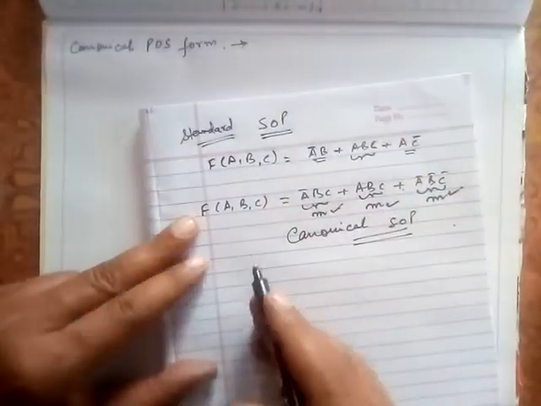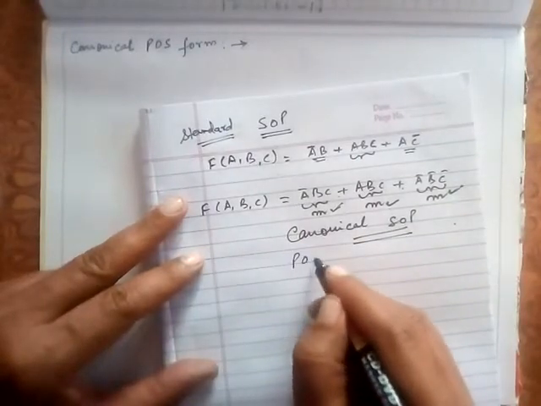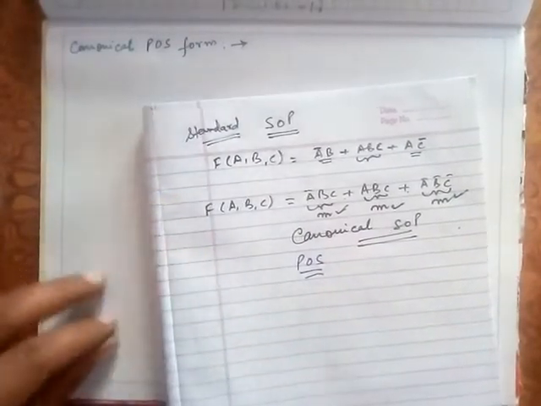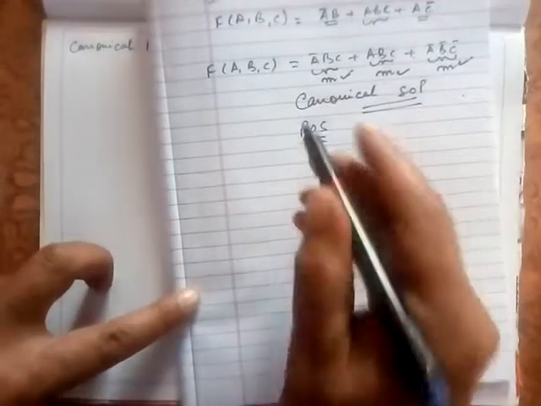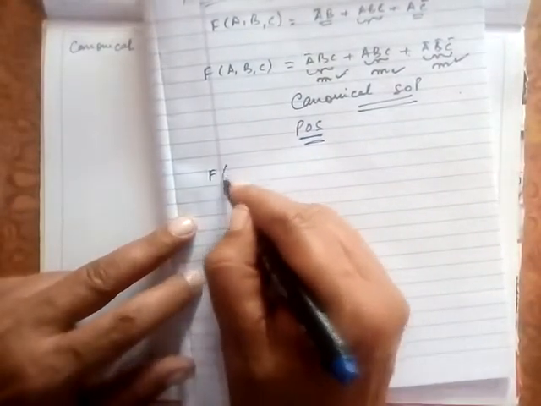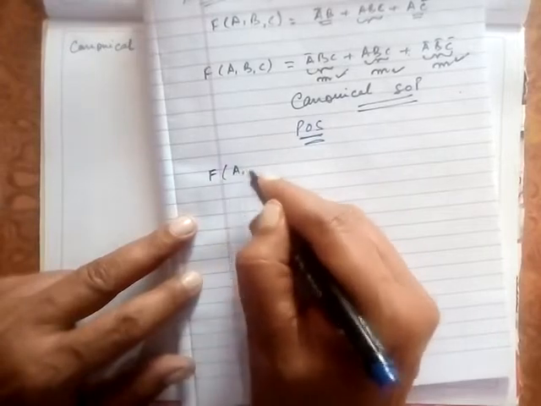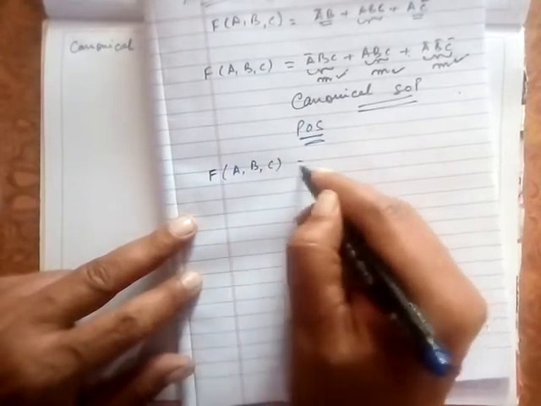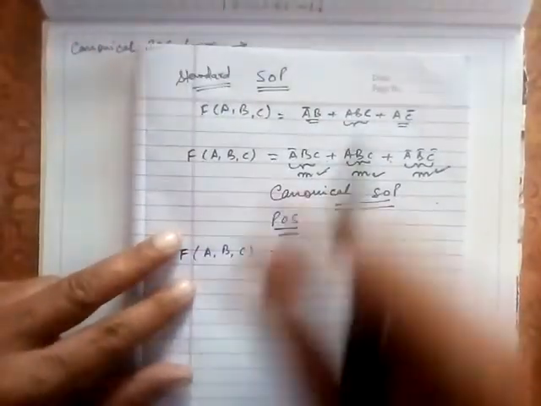Just as I did in canonical SOP form, a POS form, product of sum. What do you mean by this canonical POS and canonical SOP? A POS form, suppose I say again f, a Boolean expression which is a function of suppose ABC, and suppose I say it is equal to, let's take this example only.